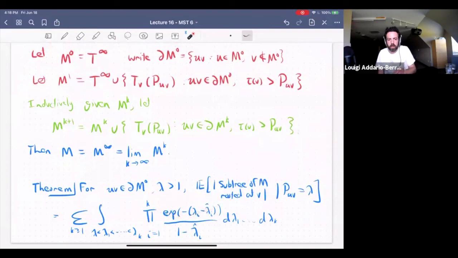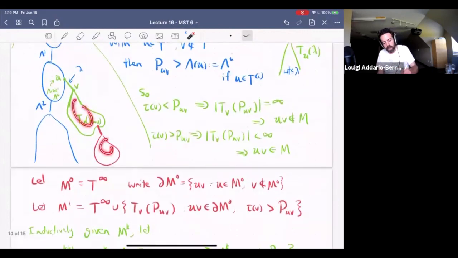The expectations in the numerator are basically what's enforcing something. To get this version of the formula, you use the defining identity for the Poisson survival probability to simplify things a little bit. But basically what the numerator is doing is enforcing that you've only seen finite trees along the way.